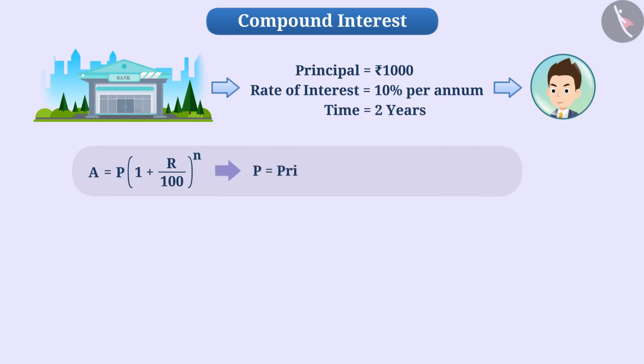Here, P is principal, R is rate of interest, and n represents the time period.